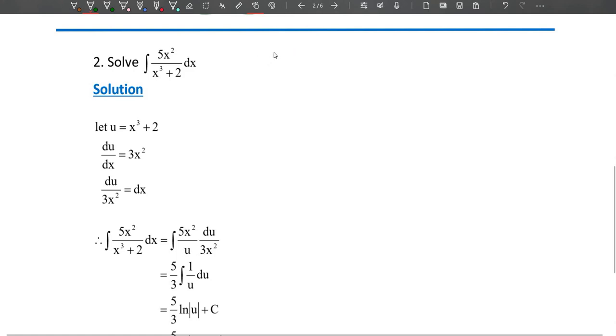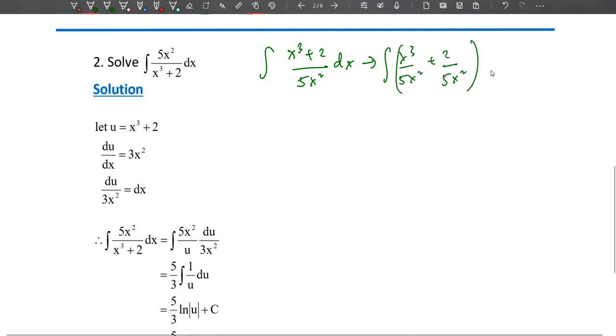Let's say you have (x³ + 2) over 5x² with respect to x, you can separate it into x³ over 5x² plus 2 over 5x². But for this type of integral, you cannot separate them like this. That's when we need to use integration by substitution.